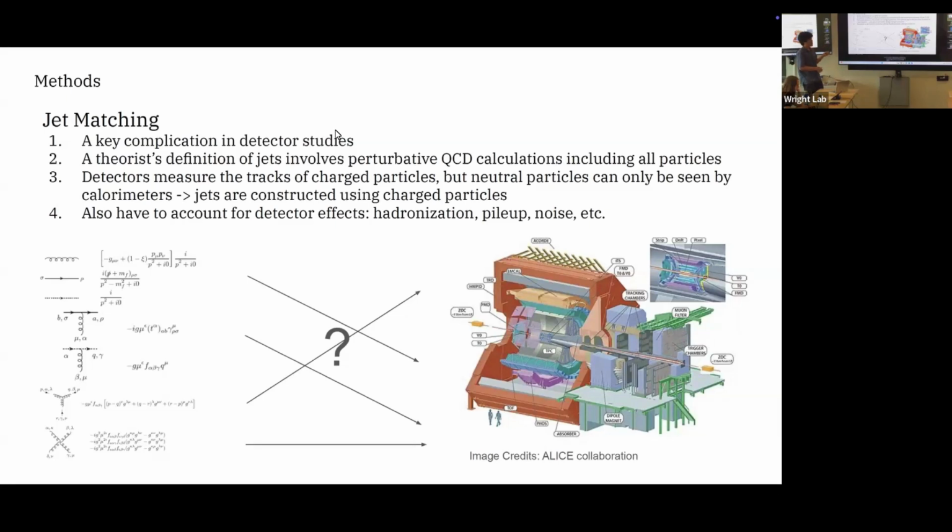But in detectors, we have difficulty getting the kinematics of these particles. And obviously those feed into the definition of our correlator and how we calculate them. So we want a mapping between these two definitions, and part of my project was building up this dictionary.